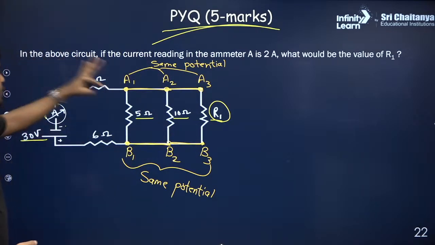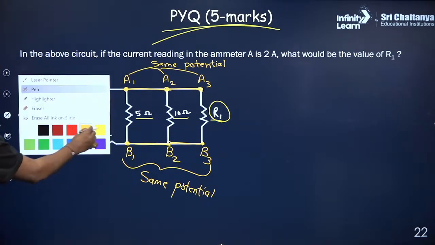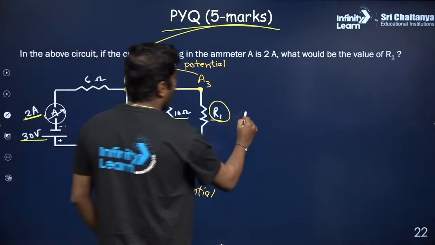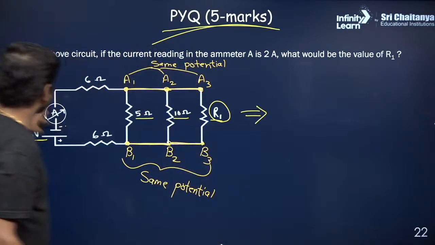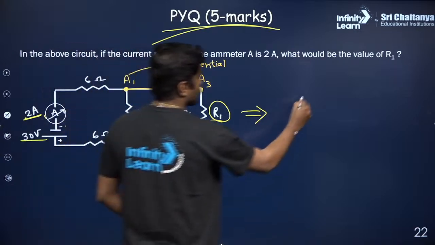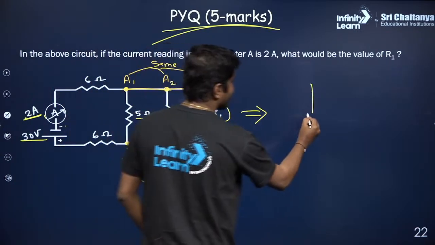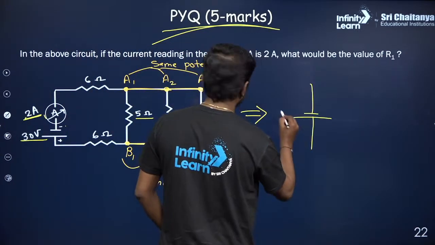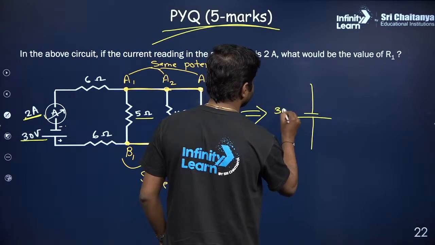So how will you redraw this structure? Let's redraw the diagram as, we keep it as it is. Instead of the ammeter, I'll just write the current which is 2 amperes. Here we have the battery downwards and it is 30 volts.